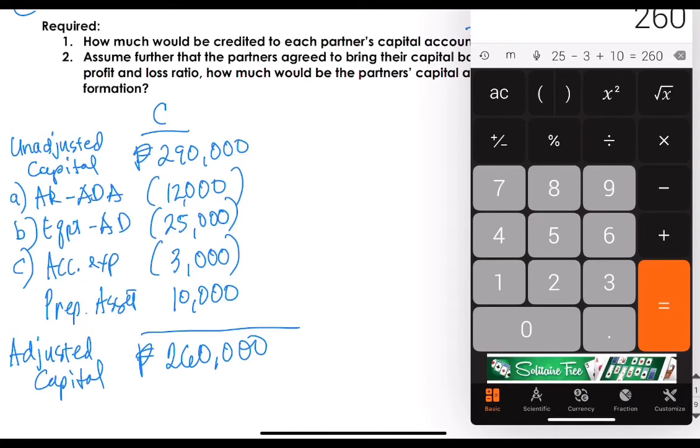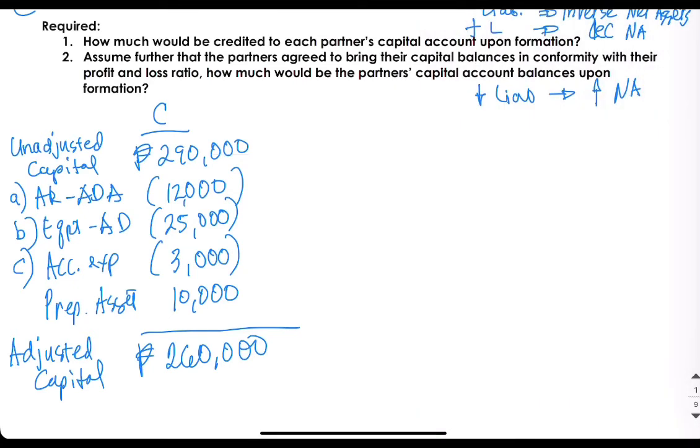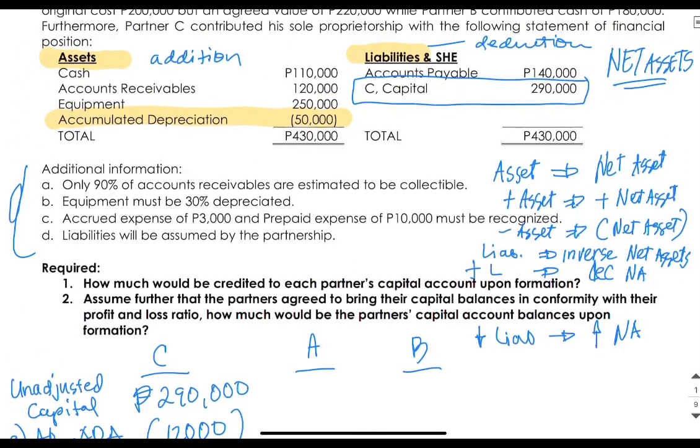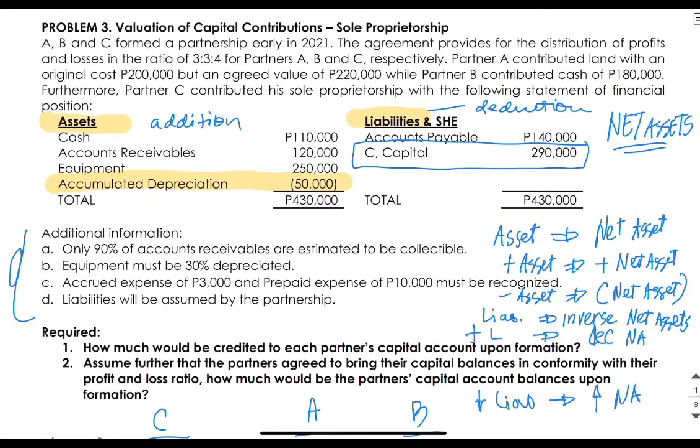Now, let's go back to the contributions of other partners. So A and then B. Partner A contributed land with an original cost of 200 but an agreed value of 220. Of course, 220,000 shall prevail, while partner B contributed cash of 180,000. So the amount that would be recorded is of course equivalent to the face amount of cash.